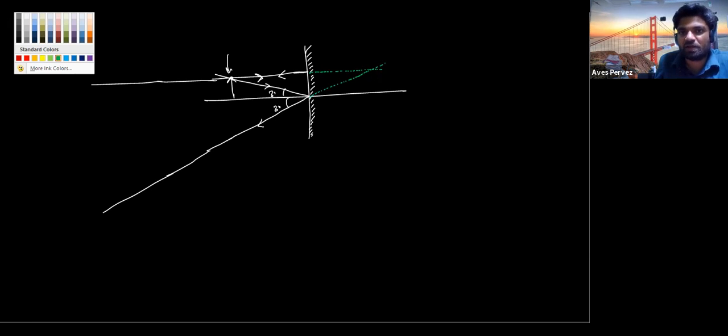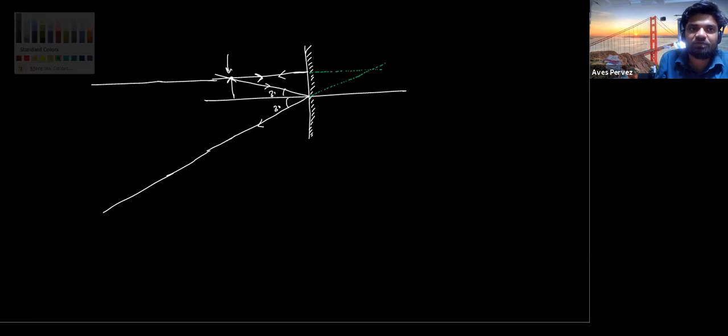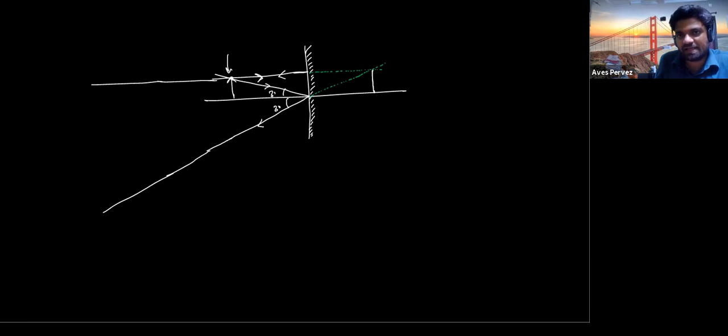That image will be of the same distance and same height. So we see here that these rays are not actual reflected rays.